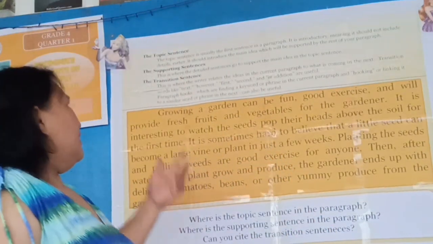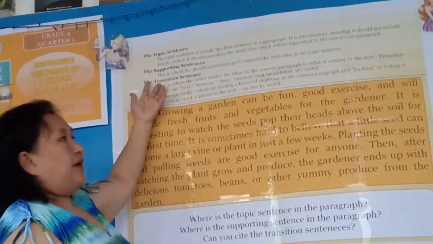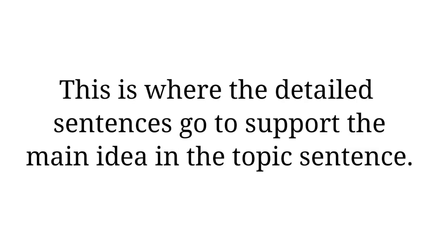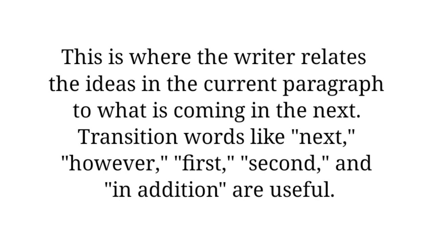Now, the second part of the paragraph is the supporting sentences. What are the supporting sentences? This is where the detailed sentences go to support the main idea in the topic sentence. And the third one is the transition sentence. This is where the writer relates the ideas in the current paragraph to what is coming in the next.